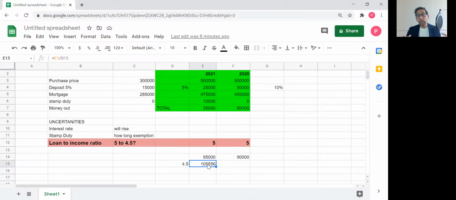So you need even more income to cover the mortgage for a 500,000 property with only 5% deposit. That's just another way of assessing your situation and planning, because 5% alone is not what matters. There are other things that matter as well.